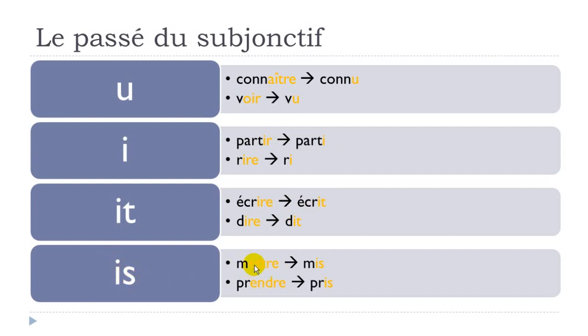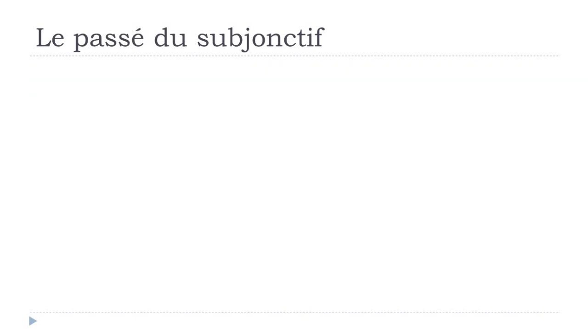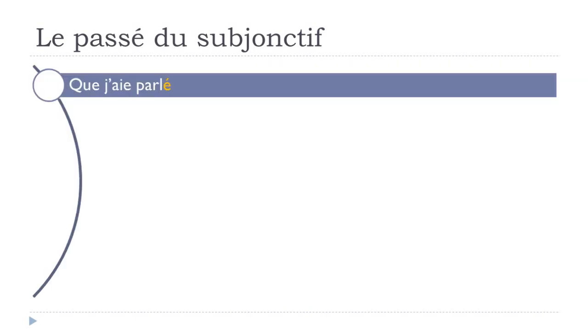Mettre, for instance, will become mis. Prendre, ENDRE, will become pris. All right? But then, if you're not sure, as I said, watch the video because it will be useful. And then let's take the verb parler as we had, and let's put the passé du subjonctif form.